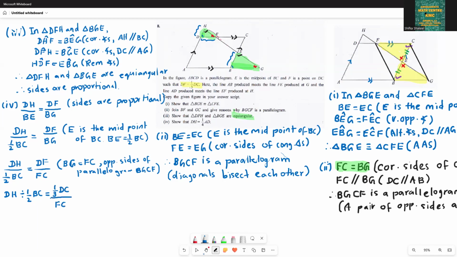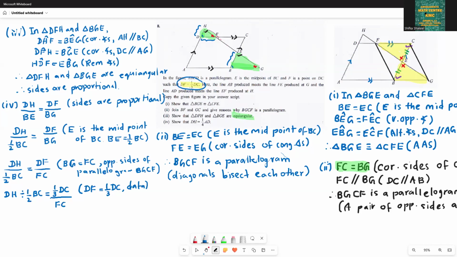DF is equal to 1 over 3 DC, that is given in the question, children.